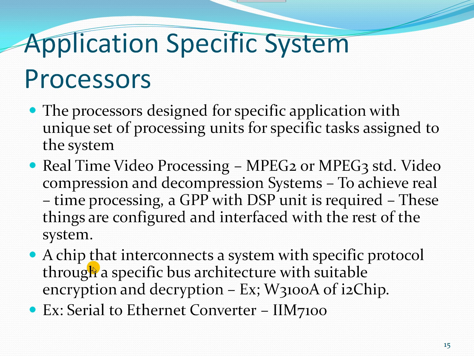Next we are going to see the application specific system processors. These are processors designed for specific applications with a unique set of processing units for specific tasks assigned to the system. A great example is real-time video processing, where we need to process video into MPEG-2 or MPEG-3 standard video compression and decompression systems.